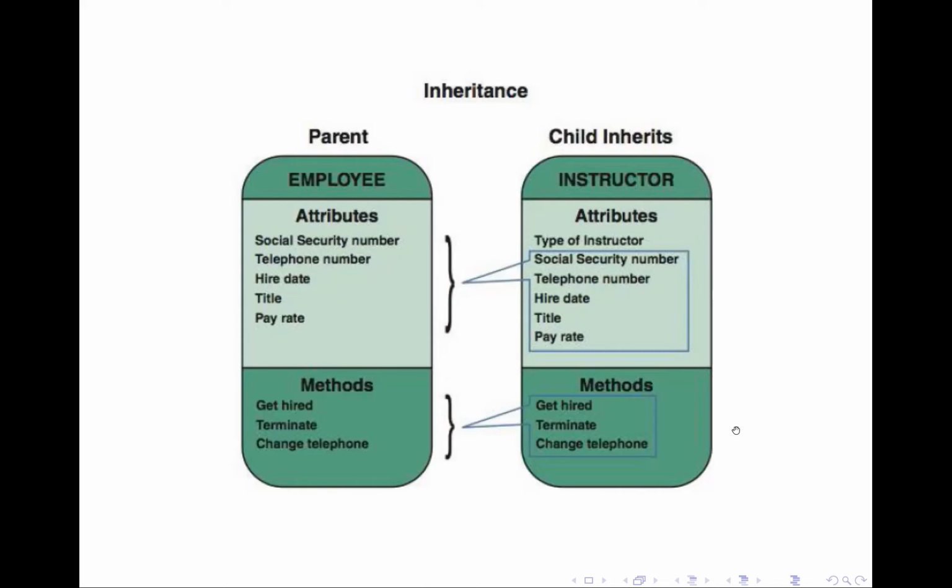Now, for example, getting the common attributes coming from the parent to the child, we call it inheritance, which means when you define a child from a parent class as a subclass, we say it inherits all the attributes as well as the methods. So in this one, you will see the child inherits all the attributes from the parent, and all the methods in the parent class are inherited by the child.